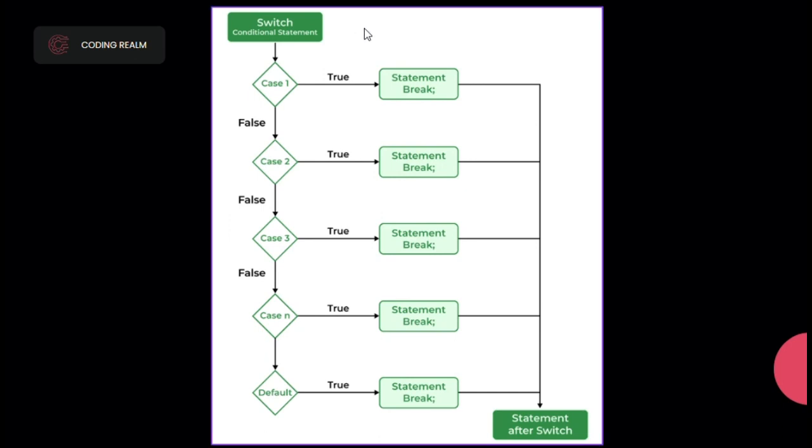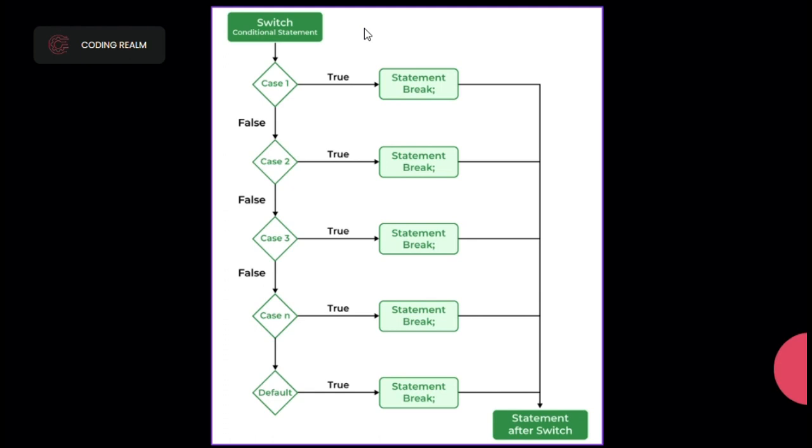This is the flowchart of the switch case statement. I start with a switch and a condition. Case 1: if it's true, the statement and break are executed. If it's false, I go to case 2. Also, if it's true, the statement is executed. If it's false, I go to case 3. If it's true, the statement and break are executed.